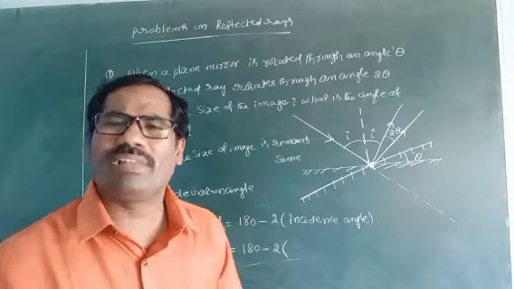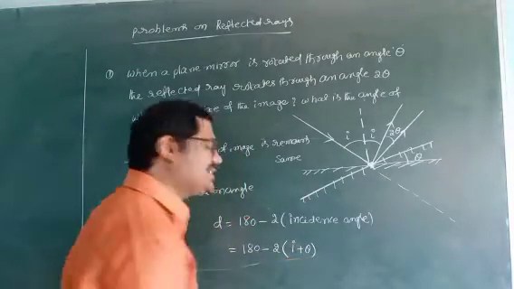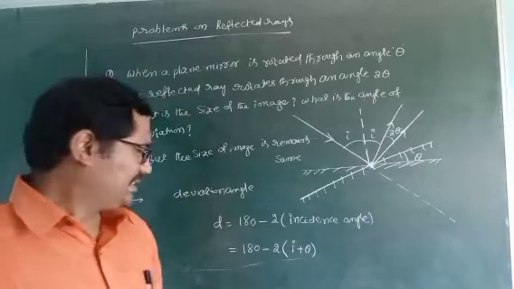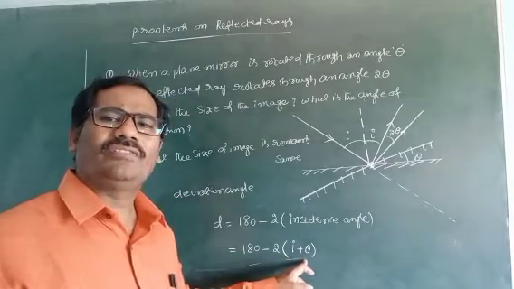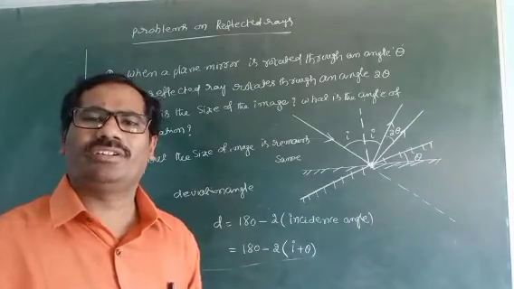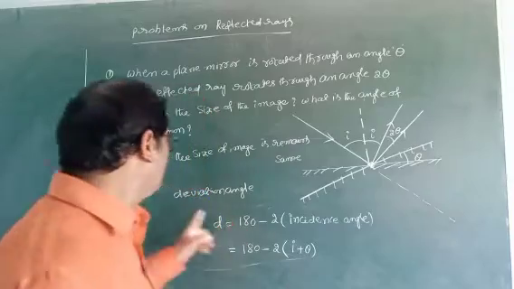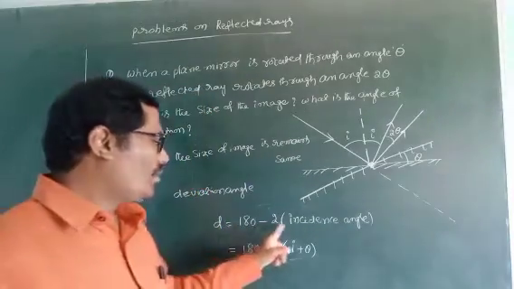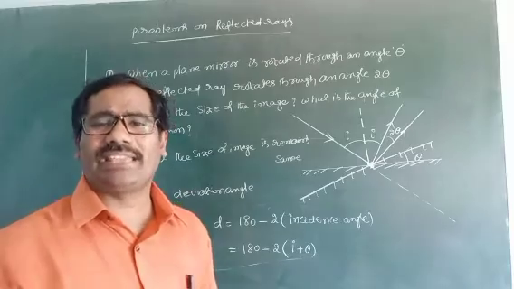That means i plus theta, so 2 into (i plus theta). It depends on the incident angle and the angle of rotation of the mirror. The deviation angle is generally 180 minus 2i, where i means the incidence angle.